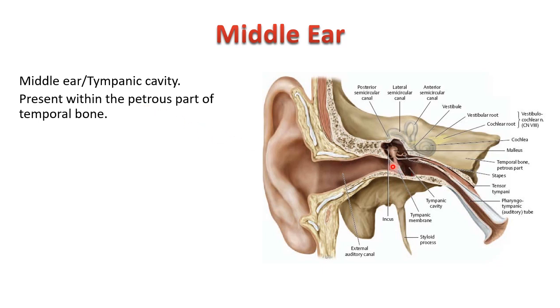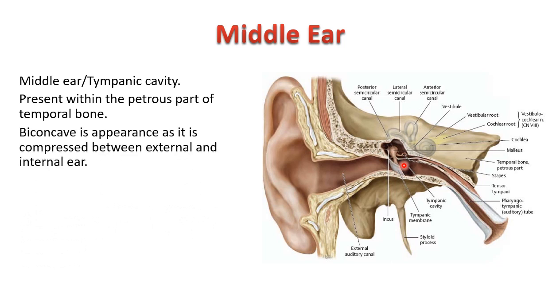If you look at the middle ear cavity, the shape is like a biconcave lens, like an RBC, because the lateral wall and medial wall are compressed, and only the superior and inferior parts are somewhat wide.